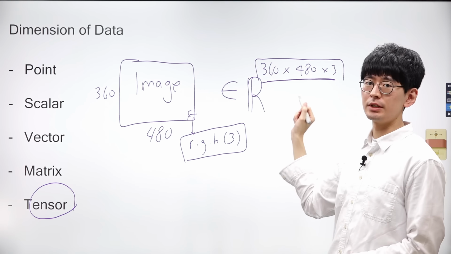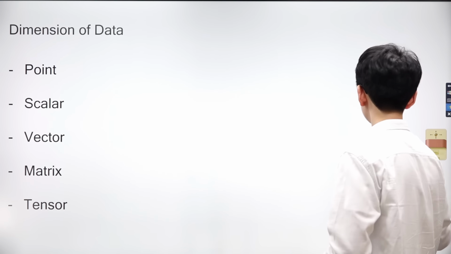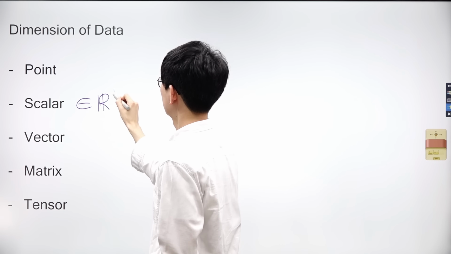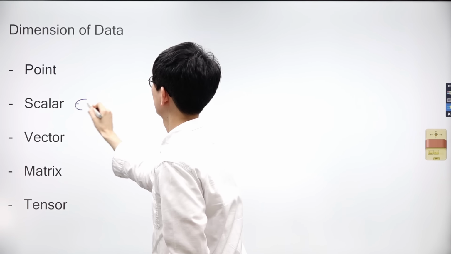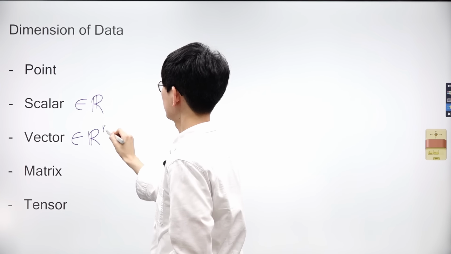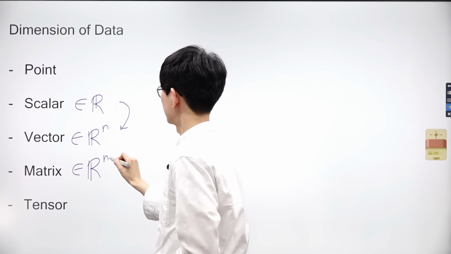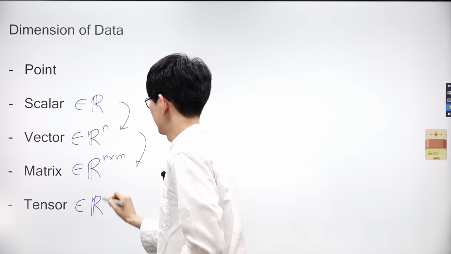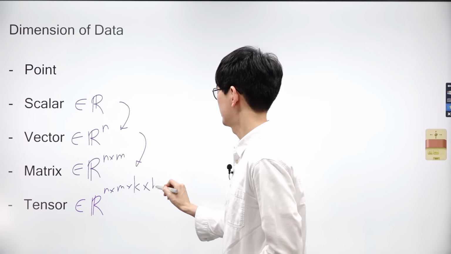So far, we've defined dimensions of scalars, vectors, and matrices, and even tensors. Let's summarize. A scalar is just a number in a certain number system. A vector is just a list of scalars with one higher dimension. The dimension of a matrix is higher than the dimension of a vector by 1. Lastly, tensors represent any data with higher dimensions, and it can go even higher.